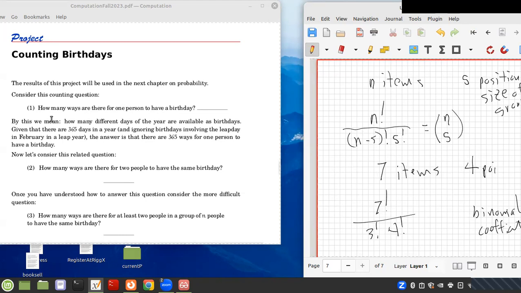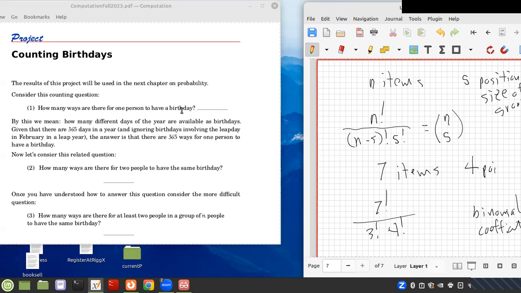So the question is, how many ways are there for one person to have a birthday? We're going to forget leap years, where someone can be born on February 29th. Because you could be born on the first day of the year, the second day, January 1st or December 31st.